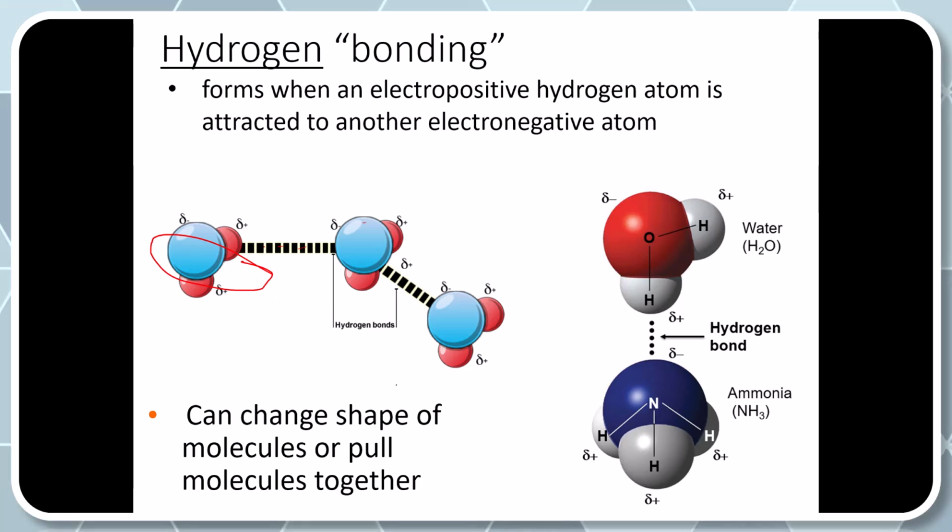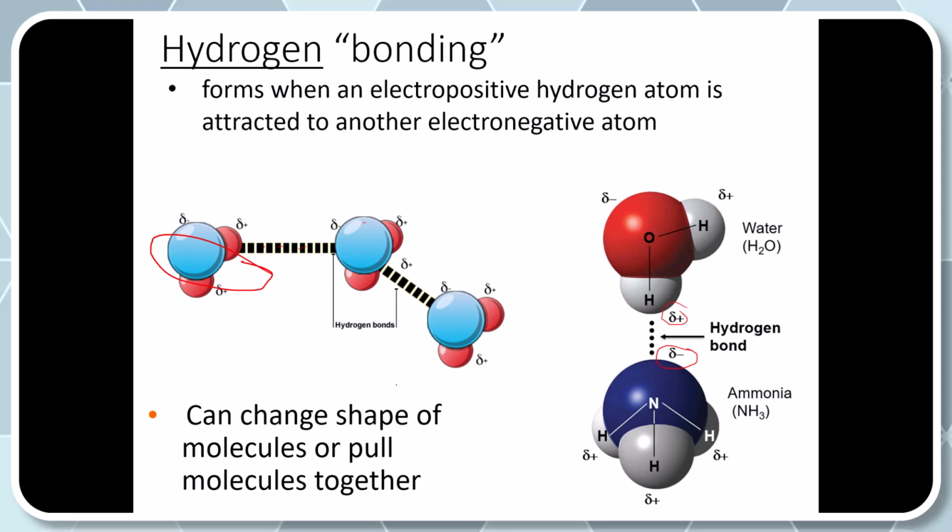In the other picture here, we have a water molecule with that partially positive end attracted to the partially negative end of this nitrogen on the ammonia. Nitrogen is partially negative because the nitrogen has the electrons more than the hydrogen does in this ammonia molecule.